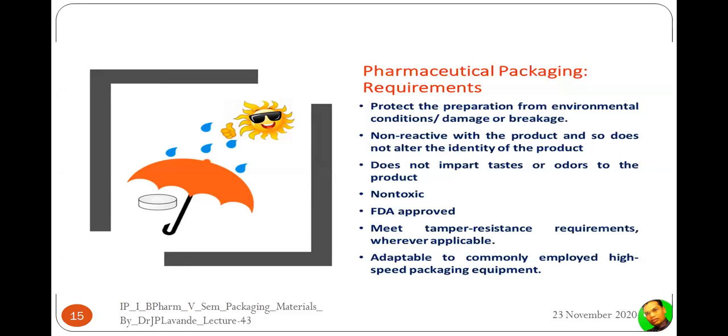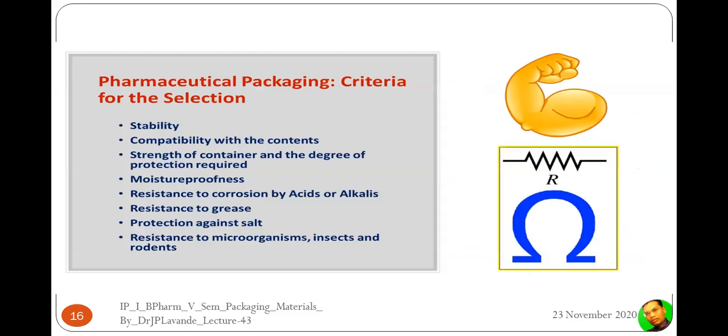It should not get broken. It should have tensile strength. It should have flexibility. It should have elasticity, right? It should have shock absorbing property so that the integrity is maintained. So all these are the ideal requirements when we are selecting or designing any kind of packaging for a particular product.